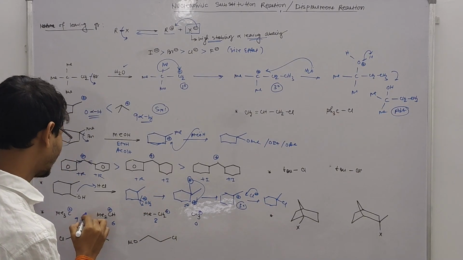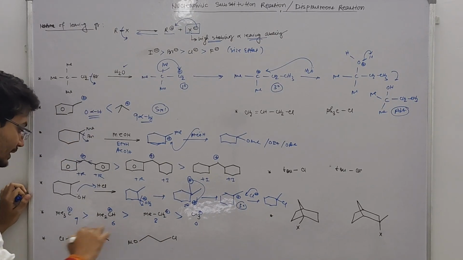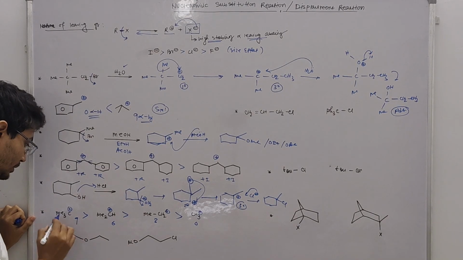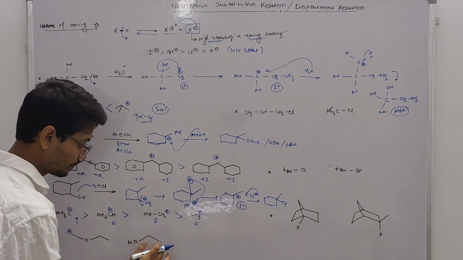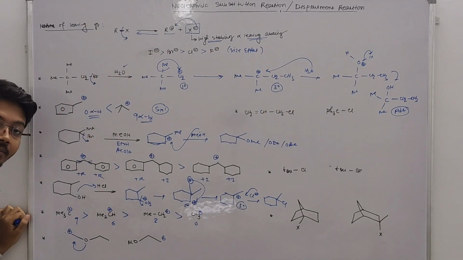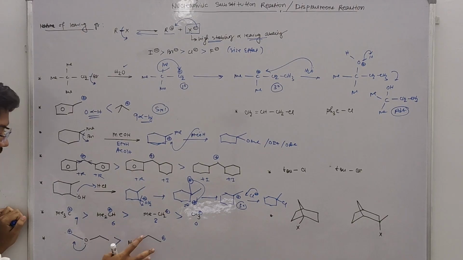So the stability order is this one greater than this one, greater than this one, greater than this one. Now in these two cases, kick out the chlorine, making a positive charge. Now this oxygen can delocalize its lone pair here, but here it is not possible, so the stability order is this greater than this.